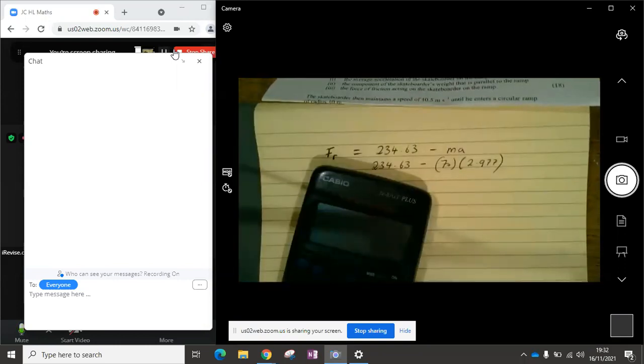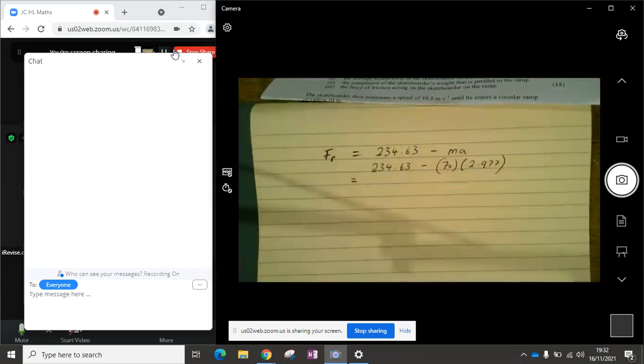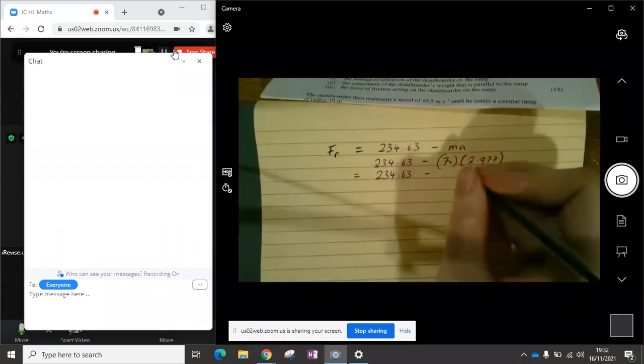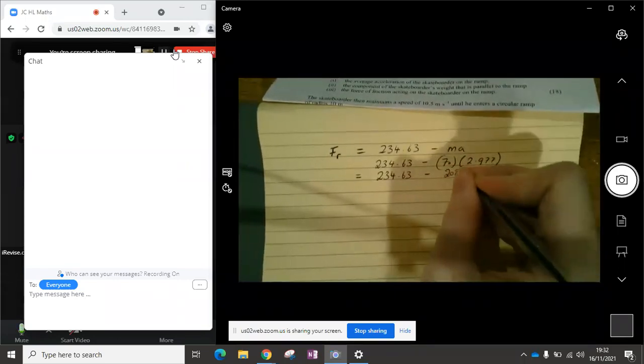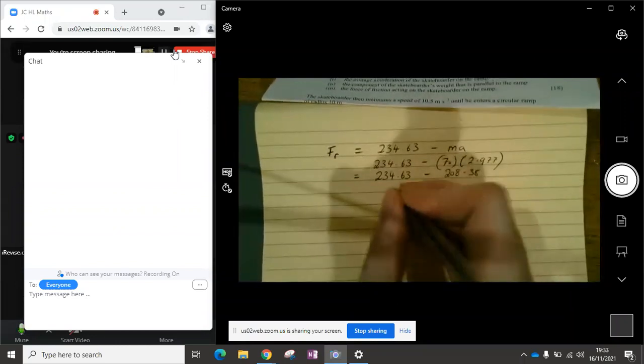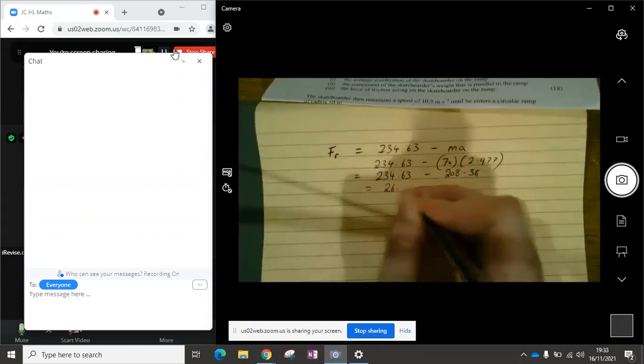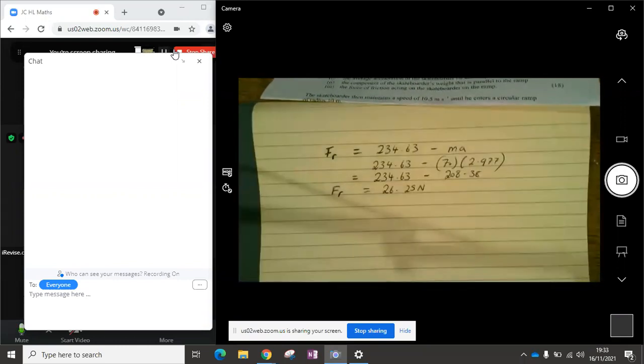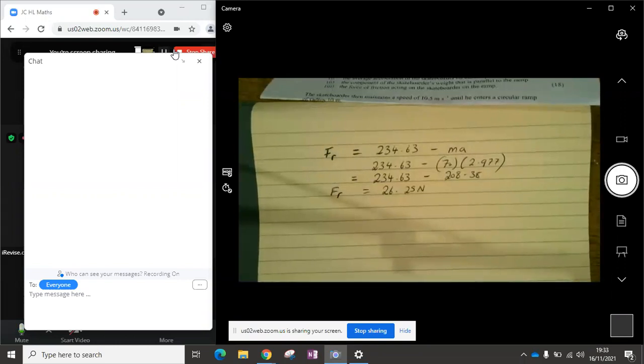You take them away, I get 234.63 minus 208.38. That gives you 26.25 newtons. The force of friction from the ramp is just 26.25 newtons.